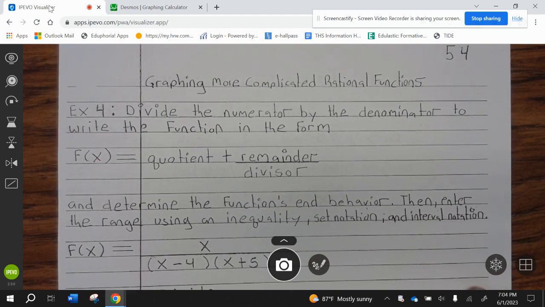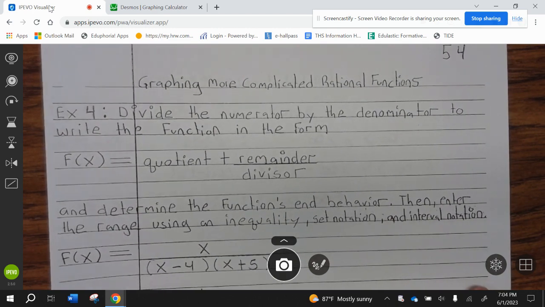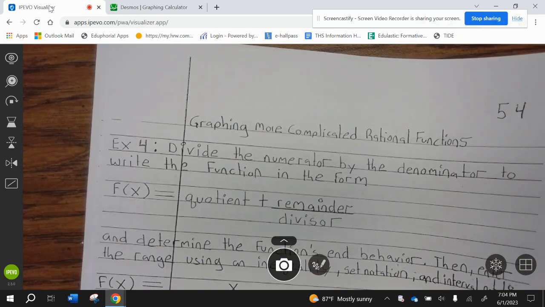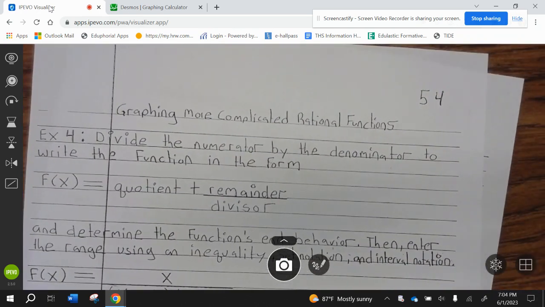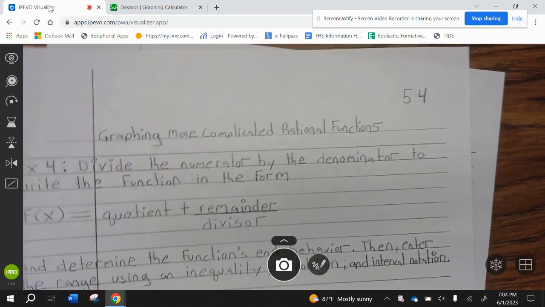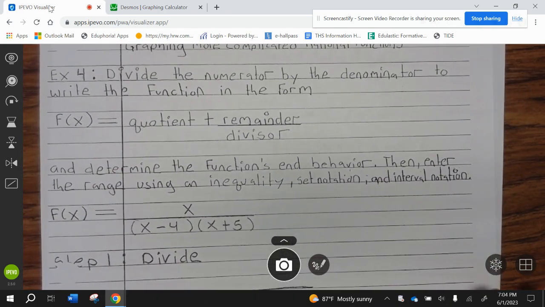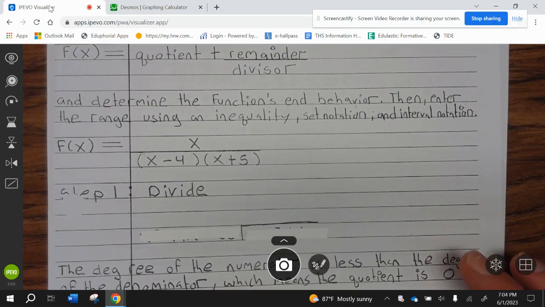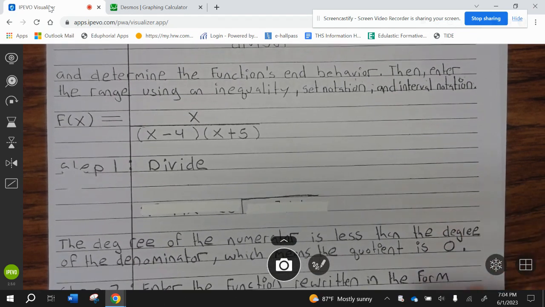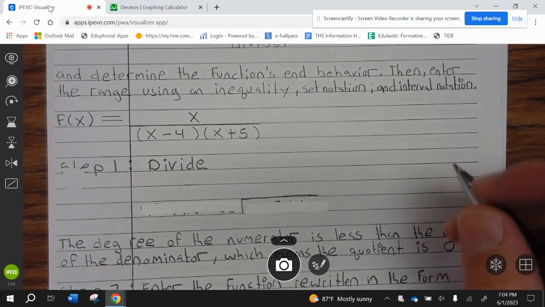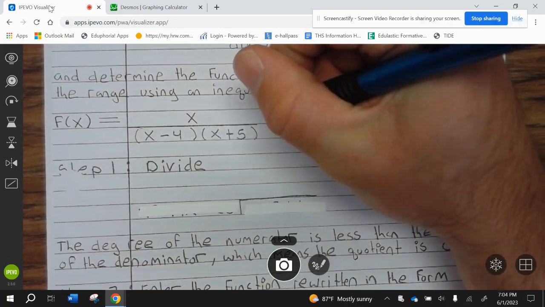Okay, example 4. Divide the numerator by the denominator and put in the form of quotient plus remainder divided by divisor. Determine the function's end behavior, then enter the range using an inequality, set notation, interval notation. So we divide. Before we do that, we need to expand this.